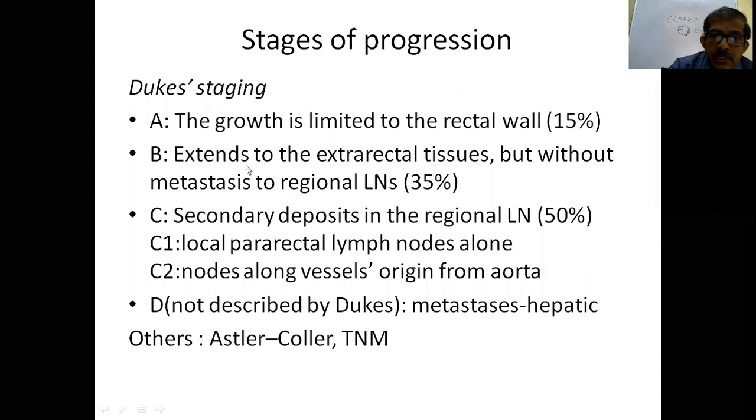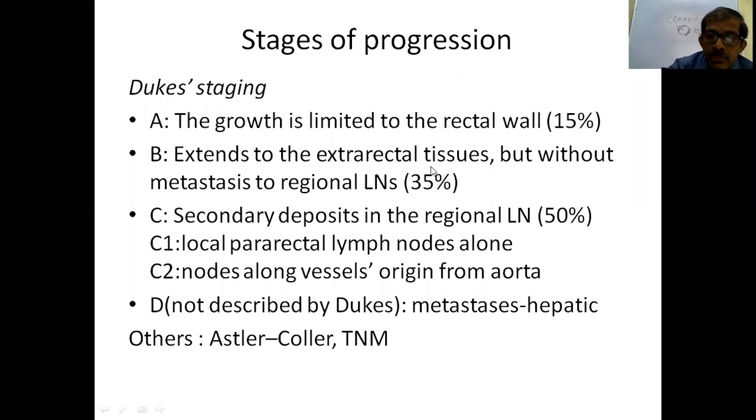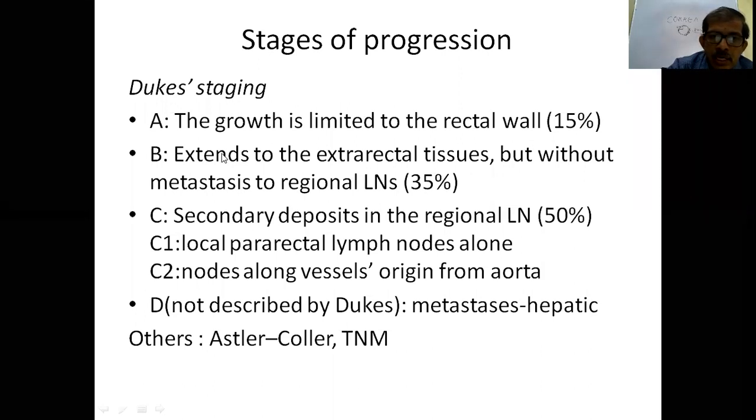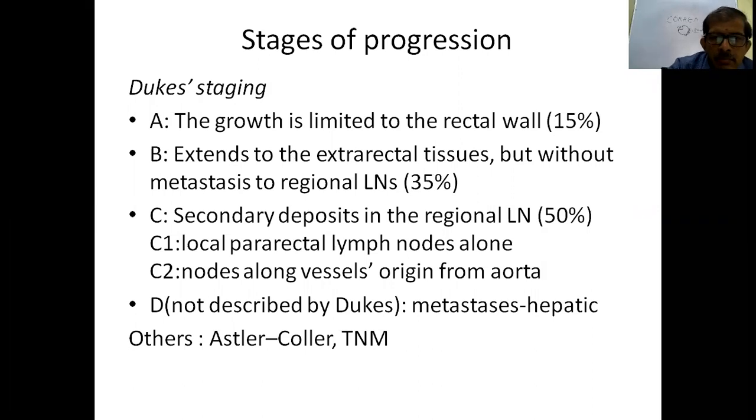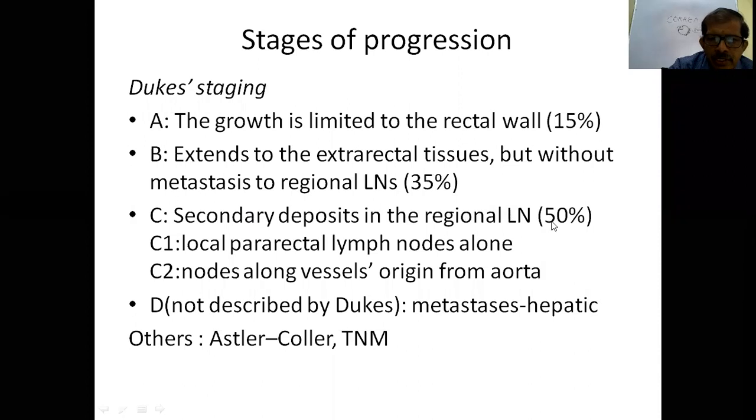Whereas B means it extends to extrarectal tissue, that is the prostate, vagina, all those things, but still without lymph nodes. So it has gone to T4, but still it is Dukes B only. Whereas once lymph nodes are affected, it is Dukes C.